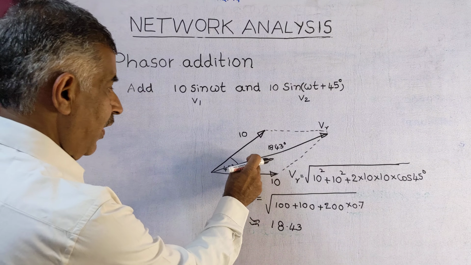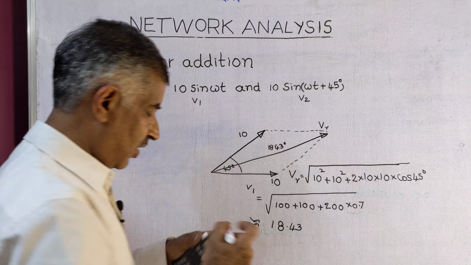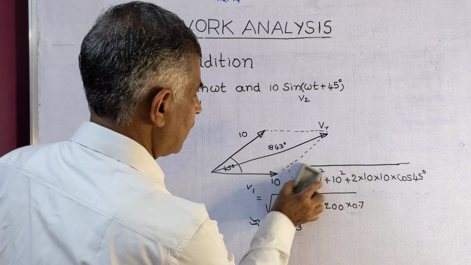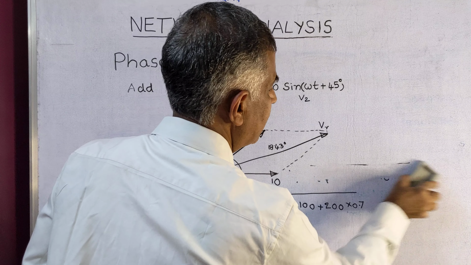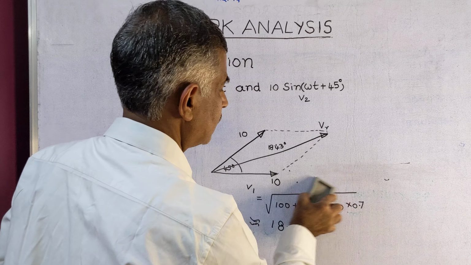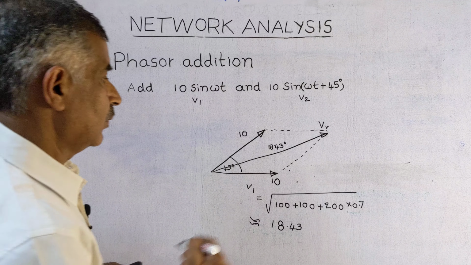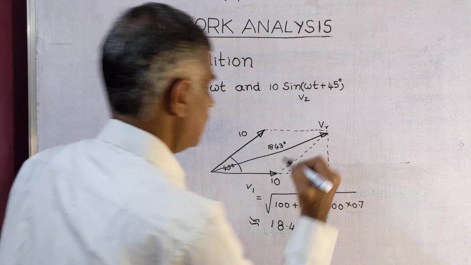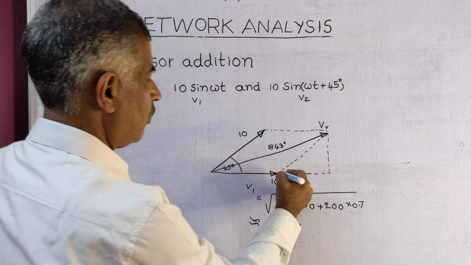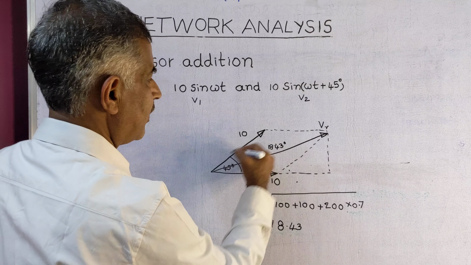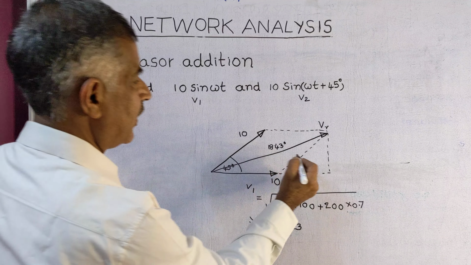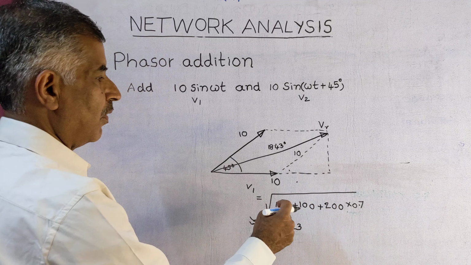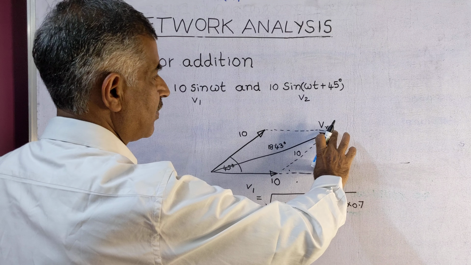Now you can find this angle. In the parallelogram, this is a right angle triangle. This is 10, this is 10. What about this length?